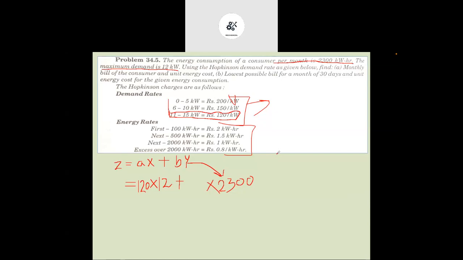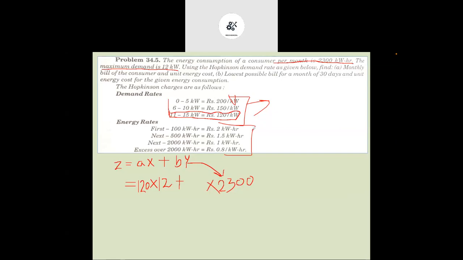Now this is important: whenever we consider the rate of energy or electricity, we have to use the given energy rates. You can see here these are the energy rates which are given for the consumption.